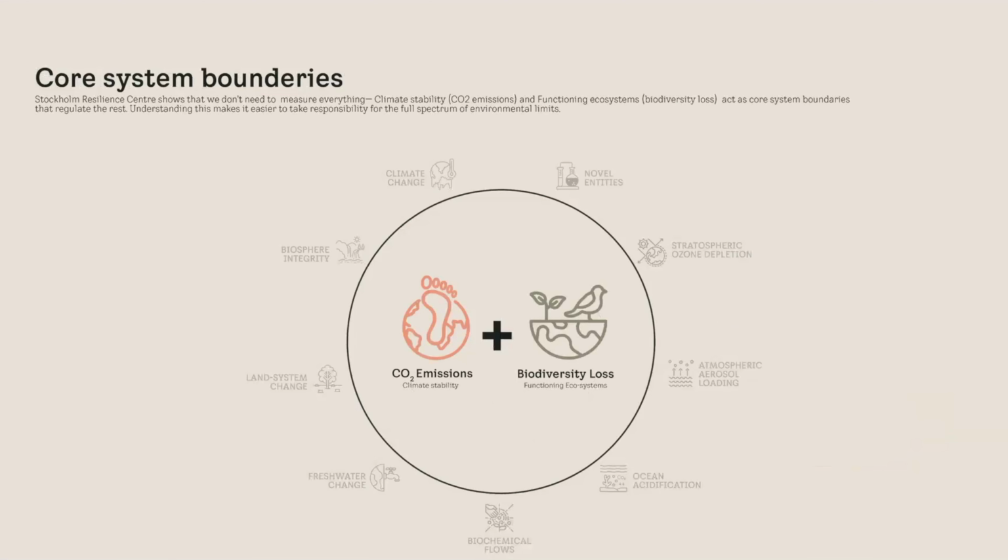Luckily, they have told us that there are 2 main planetary boundaries that regulate the whole system. It is the climate stability, which we can measure with the carbon emissions, and we all know that. But then it's also the functioning ecosystem, and we can measure that through the biodiversity loss, which is a new indicator in the building industry.